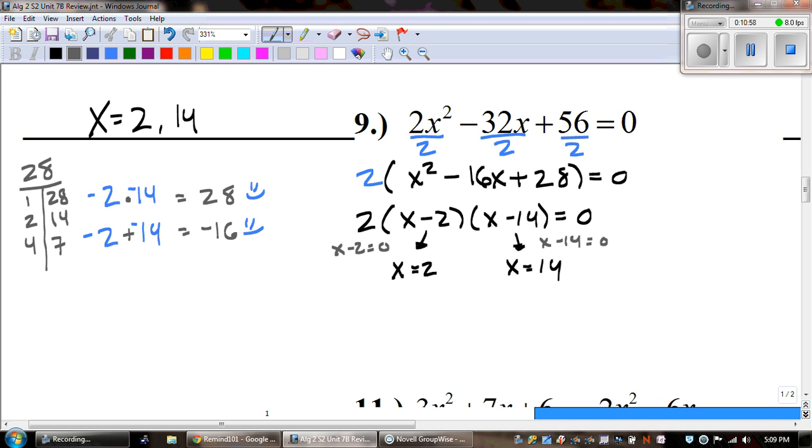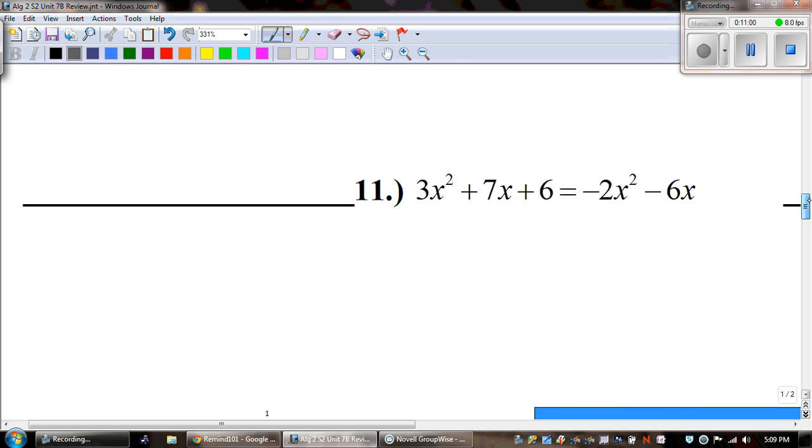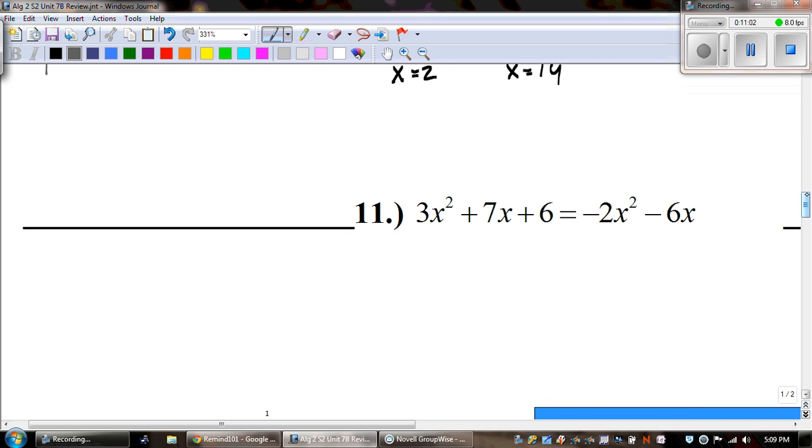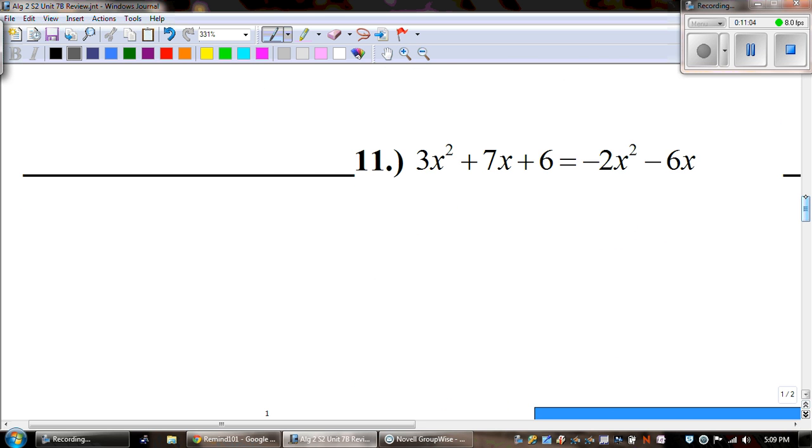All right. And last one for this video is number 11. How do we solve? Well, we have variables on both sides. So we need to look at which one is higher, because we want our leading coefficient to be positive.